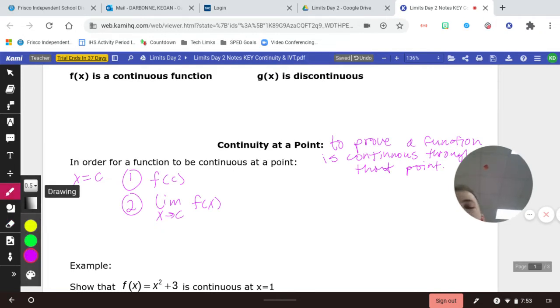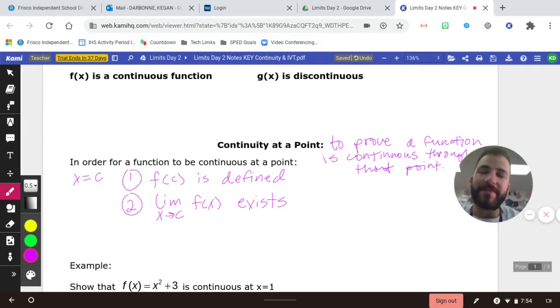So going back a bit, f of c is defined, and the limit as x approaches c of f of x exists. They kind of mean the same thing, but we do use different language for a reason. So f of c is defined is our first step. The limit as x approaches c of f of x exists.